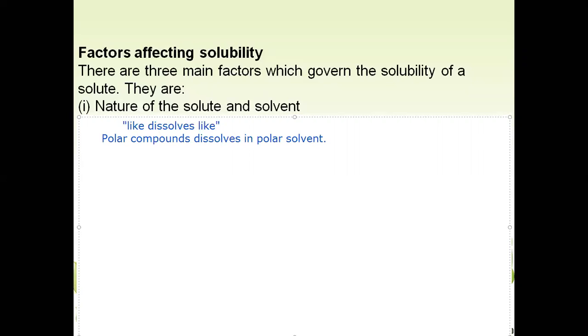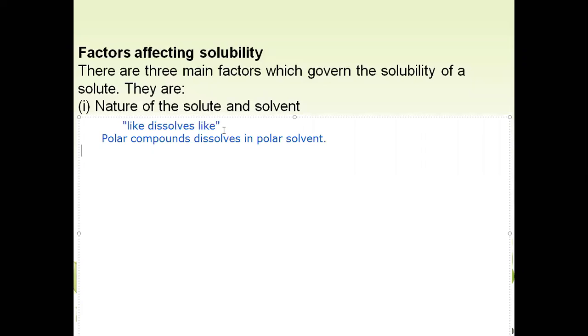For example, common salt is a polar compound, so it is dissolved in a polar solvent, that is water. Water is a polar solvent and common salt is a polar compound. So the polar compound is dissolved in a polar solvent, that is, the salt is dissolved in water. This is the example for the polar compounds.